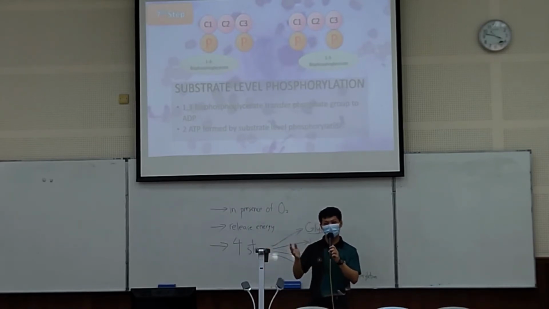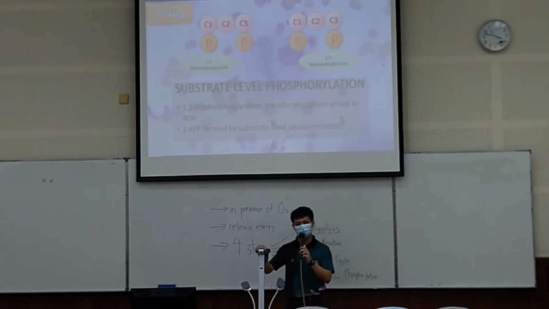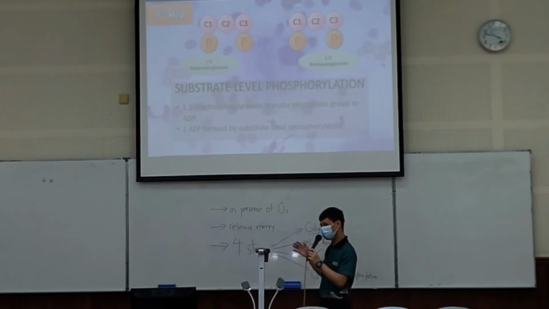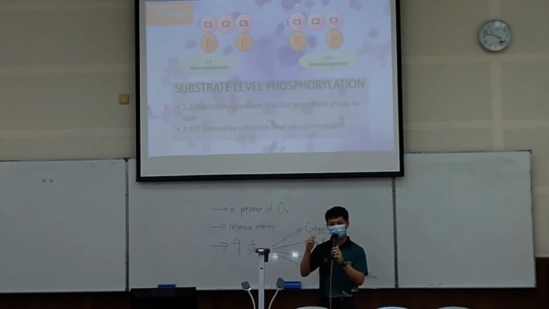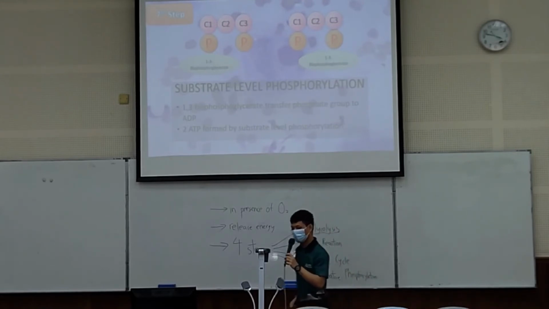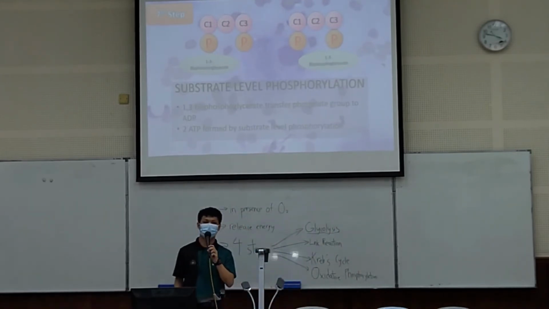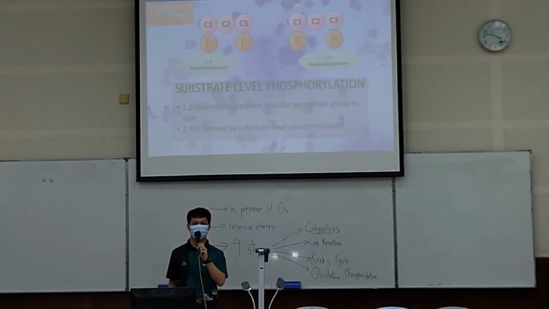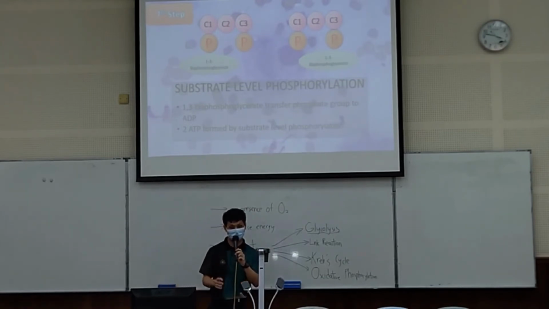Remember, at the beginning of glycolysis, we actually use ATP rather than producing ATP. However, starting from the 7th step, we are finally approaching our objective of aerobic respiration, which is to produce ATP. This process of producing ATP is called substrate level phosphorylation.